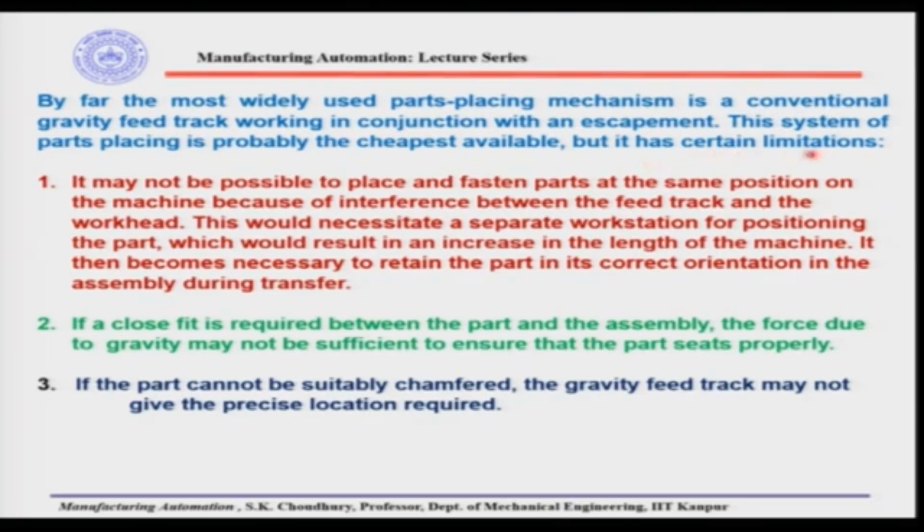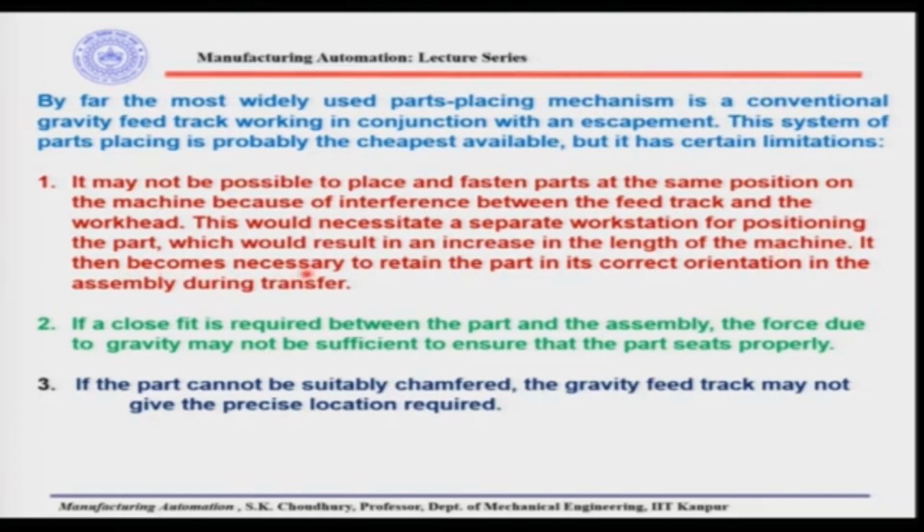Now, it has certain limitations. It may not be possible to place and fasten parts at the same position on the machine because of interference between the feed track and the workhead. This would necessitate a separate workstation for positioning the part, which would result in an increase in the length of the machine.